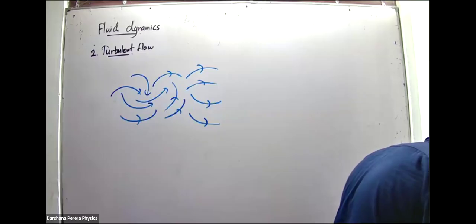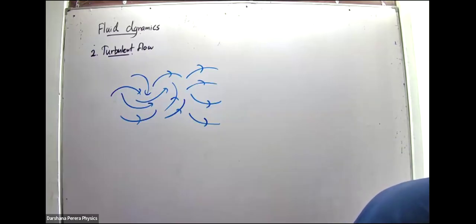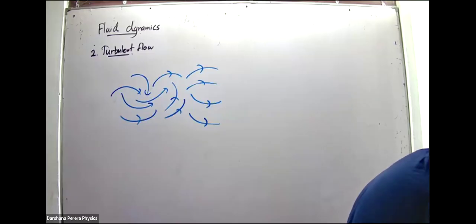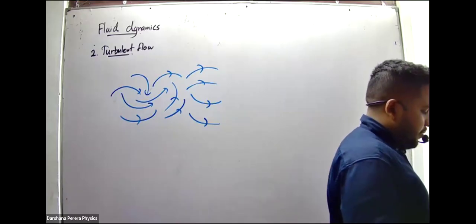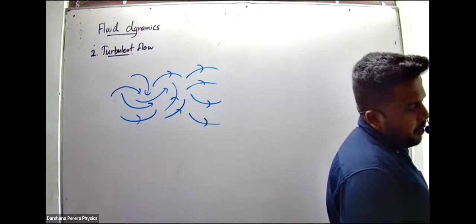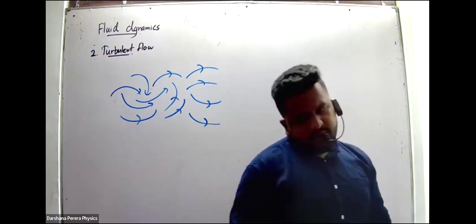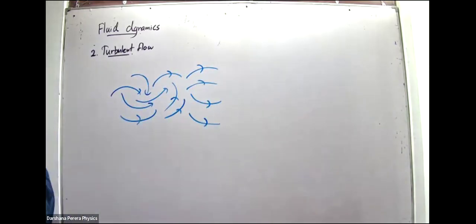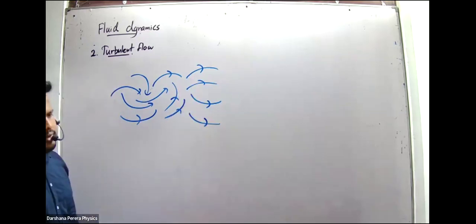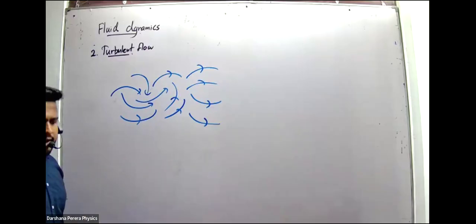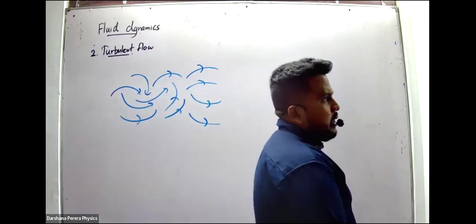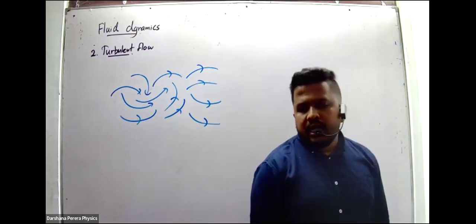They vary with time, and also there is no identical path for the particle to flow. Right, this is a kind of turbulent flow. In a waterfall there is turbulent flow because the pressures are very high.